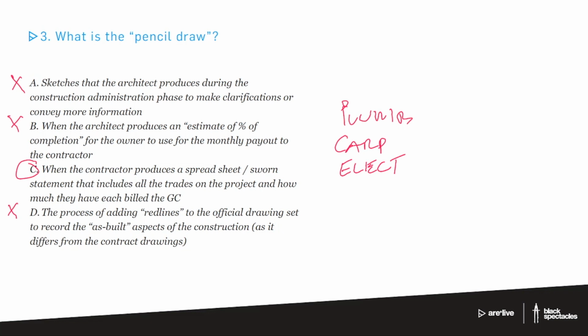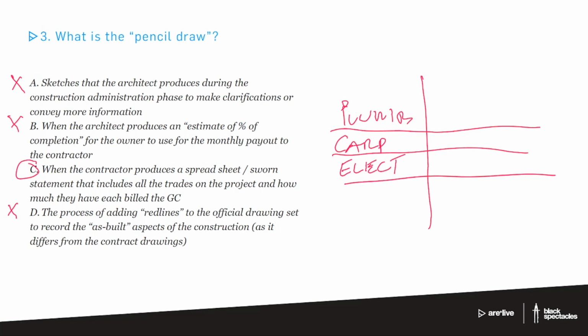Each of those folks will have their place in a big chart, and that chart will have their total dollar amount, so we know what each trade totals. And then there'll be the overhead plus profit, and other things that are part of the GC's element. All that gets added up, and you have a total amount for the project. So there's the actual bid number that the contractor gave to the owner.